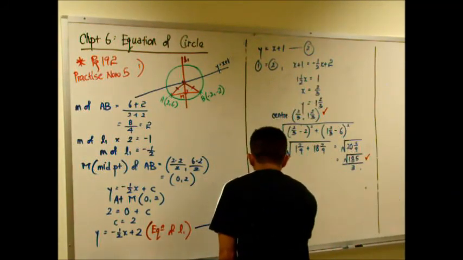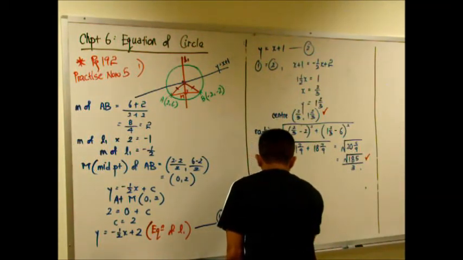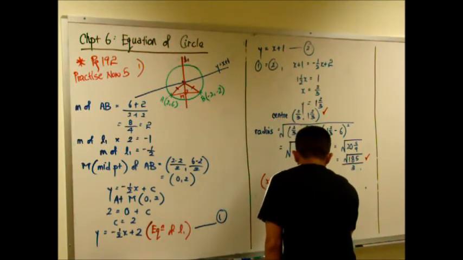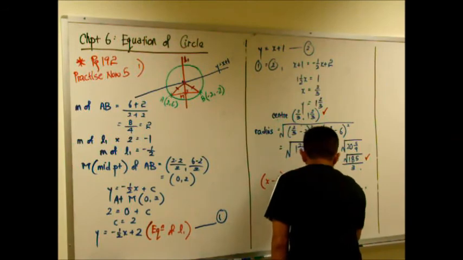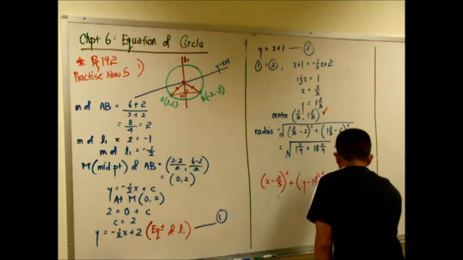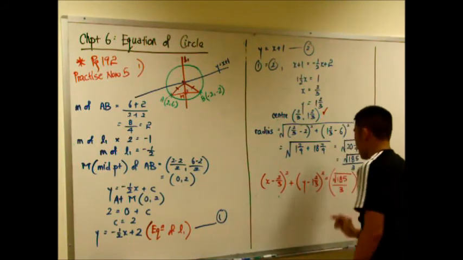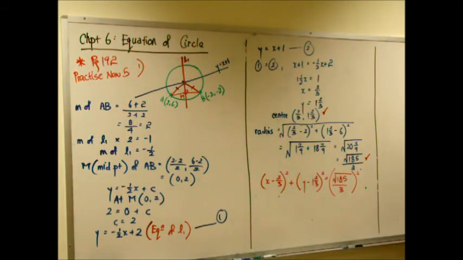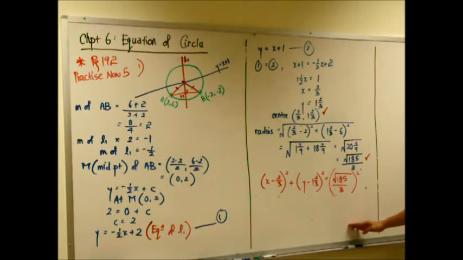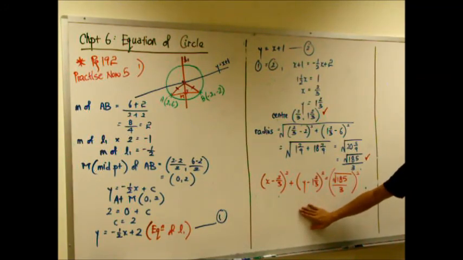So with that, (x - 2/3) squared plus (y - 1 and 2/3) squared is equal to the radius squared. After that you will have to expand everything and simplify it, equated to 0, before you get the equation of the circle. I'll leave that to you.